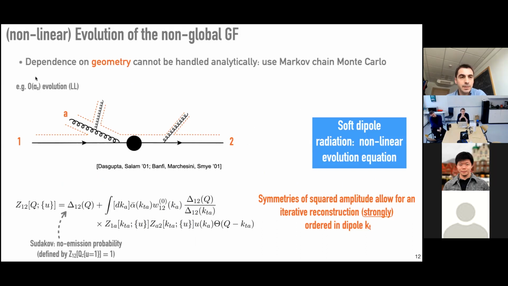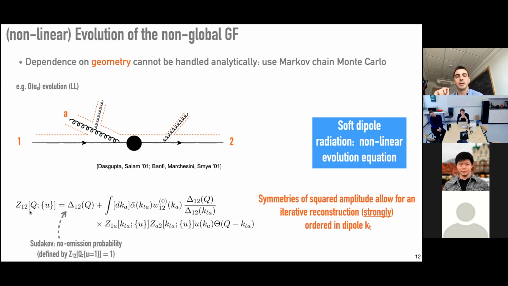Yeah, absolutely. So what it means exactly is that you cannot solve this equation analytically. So you cannot write a closed expression for Z. And the best you can do, the only way we have today to solve this problem, is to solve the generating functional with a Monte Carlo.